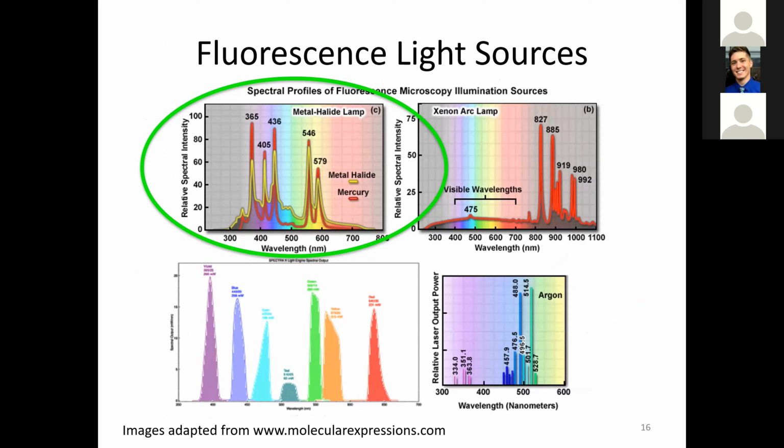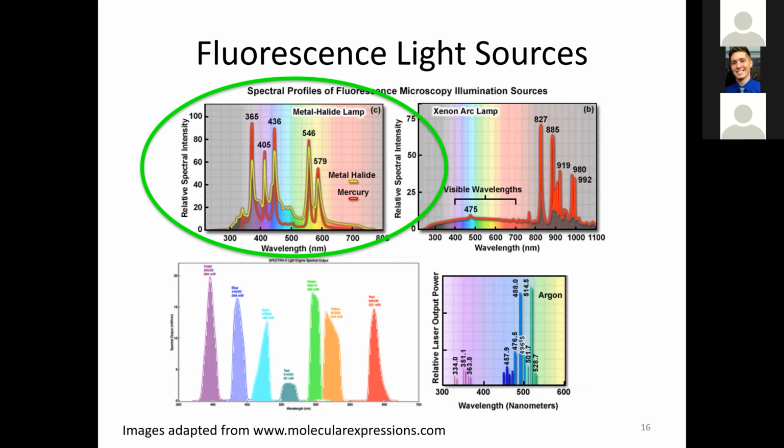Here, circled in green, is the spectra, or the light output, of a metal halide lamp. You'll notice that it's not just straight across the board; it has peaks in its emittance. Lucky for us, the peaks are located where we want to maximally excite our fluorophores.